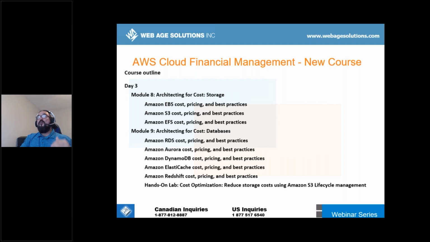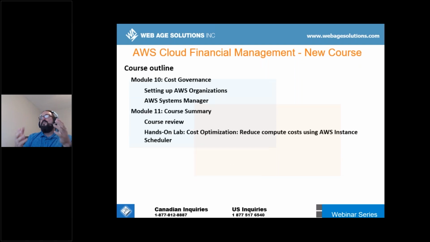It goes through all of these different services and pieces at 10 times the deeper level than I just did with you. And then in the hands-on labs, you're going to learn how to set up Systems Manager and AWS Organizations to help centralize governance. But that's the new AWS Cloud Financial Management course that's coming out in July.